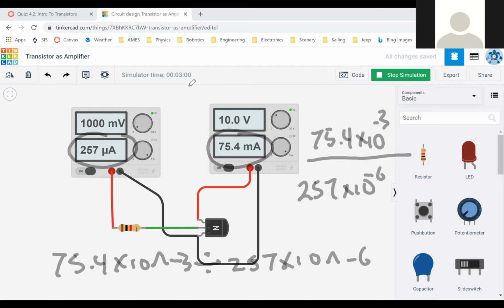Calculators work on PEMDAS, remember: please excuse my dear Aunt Sally. So the calculator does exponents first and then multiplication and division second.